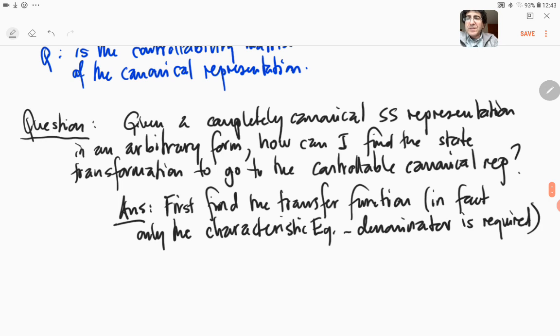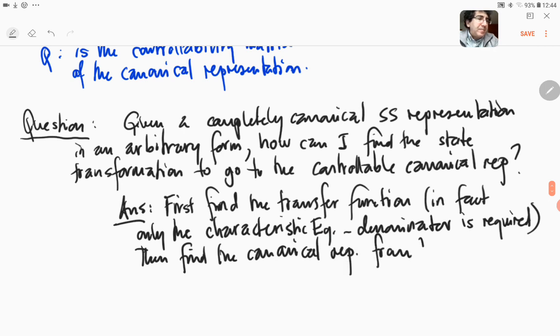First find the transfer function, then find the canonical representation from the transfer function coefficients.